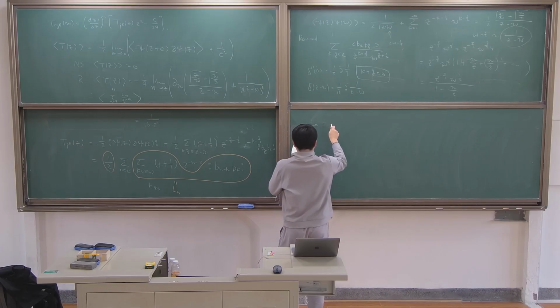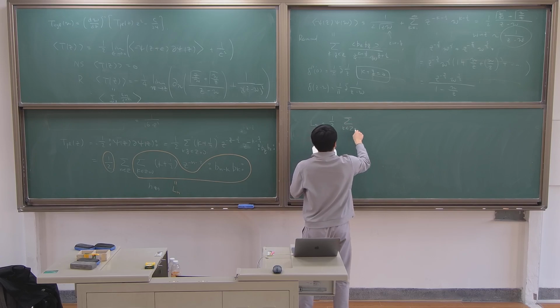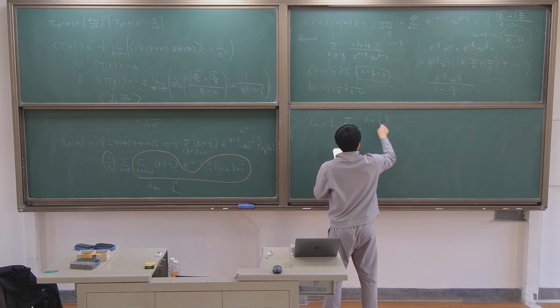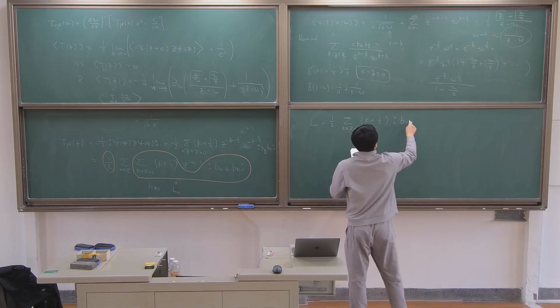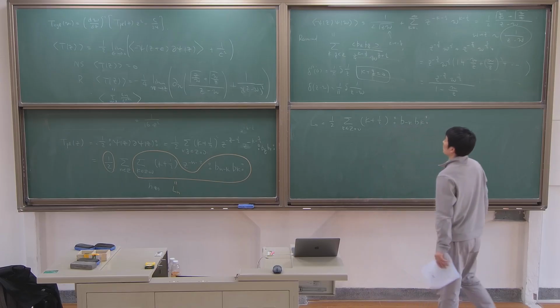L0 is something like this: 1/2 sum over k of Z plus, okay, so this is the case.